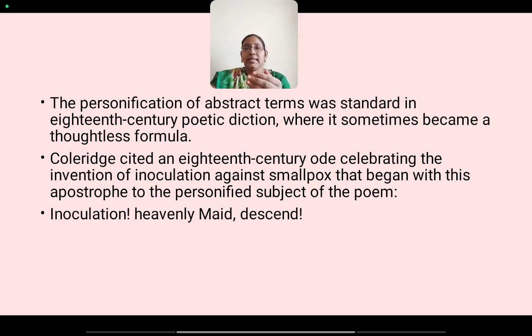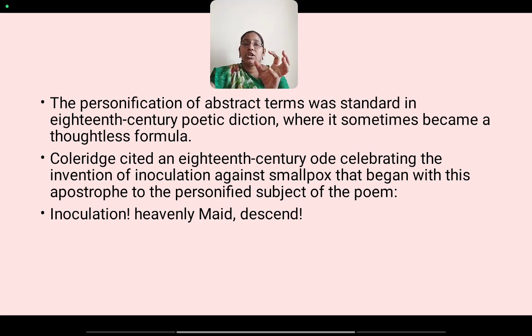And there is an example given here. Coleridge cited an 18th century ode which celebrated the invention of the inoculation for smallpox. Smallpox was a very dangerous disease during the 18th century, and the inoculation for it was found during that century.